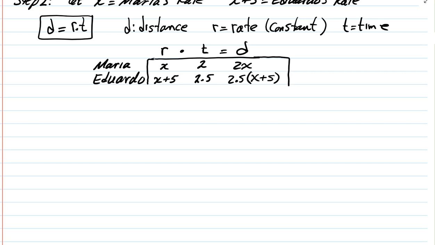Now, once we have the table set up, the key step is that we need to come up with the equation. So I'm just going to label this step 3. The equation that we want to write: Eduardo's distance traveled exceeds Maria's by 40 miles.